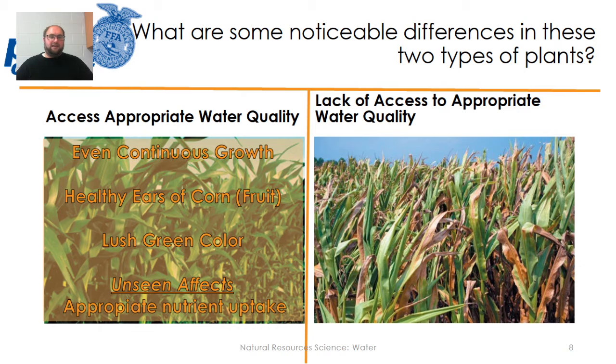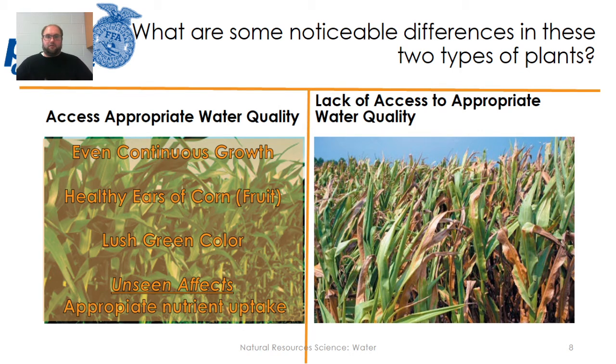All the leaves look even, they're all green, they're all wide. There's no difference in a lot of those plants. There's an even continuous growth because they have access to both an appropriate amount of water and appropriate quality of water. Also, they have healthy ears of corn.